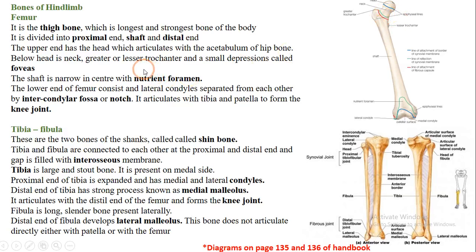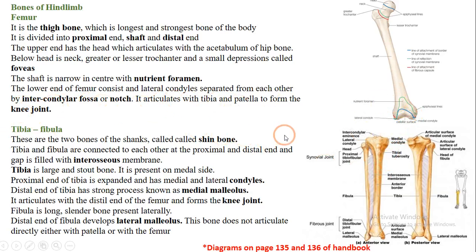There are the greater and lesser trochanters and a small depression called the fovea. Then the shaft is narrow, a narrow shaft in the center. The lower end of the femur consists of the lateral condyles, which are separated from each other by the intercondylar fossa, or you can say a notch.